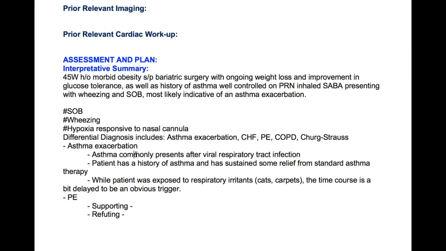Like, this is pretty simple, but asthma commonly presents after a viral respiratory tract infection. The patient has a history of asthma, has sustained some relief from standard treatment. While the patient was exposed to various triggers, it's not necessarily an obvious, or the time course isn't exactly consistent.